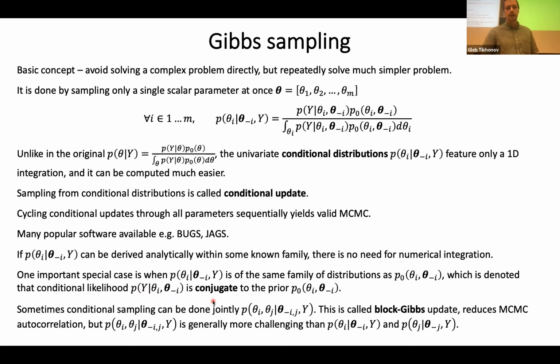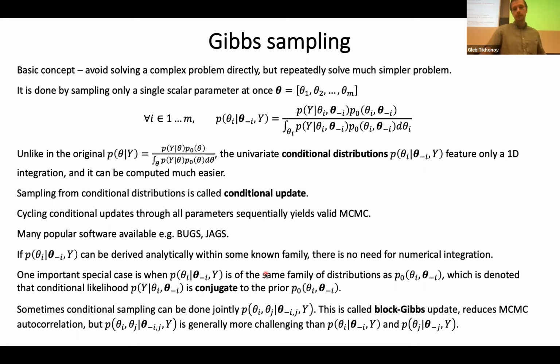So the case when the conditional posterior belongs to the same family of distributions as the prior. In some sense, once we consider the prior as a function of the parameter theta i only, and we consider the likelihood also as a function of parameter theta i, their product belongs to the same family of distributions as the prior, as this conditional prior.